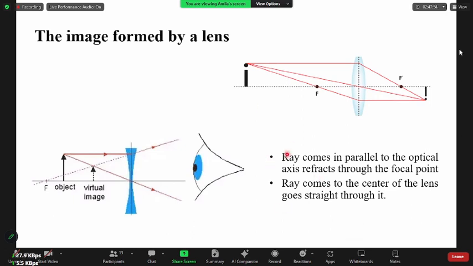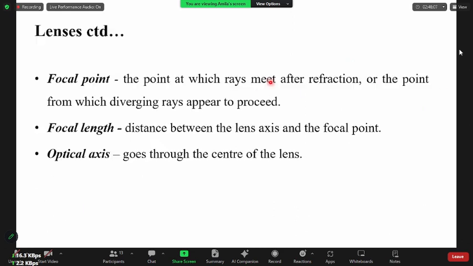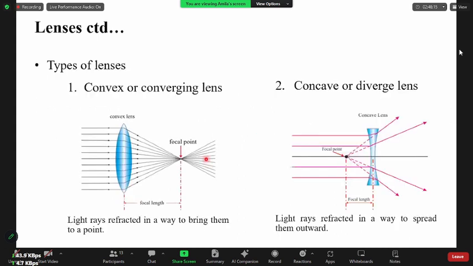What are those? One is a ray that comes in parallel to the optical axis. Optical axis, this one. One mistake here, right? Focal length and the optical axis here. Lens axis, yes, this one.